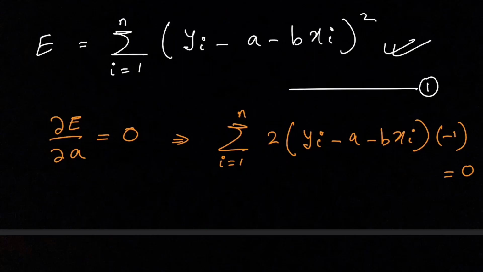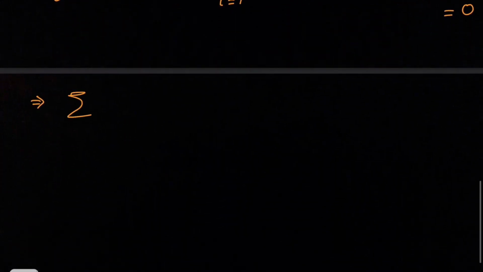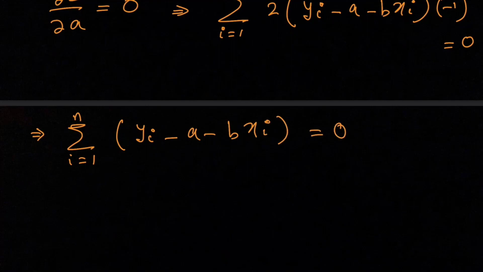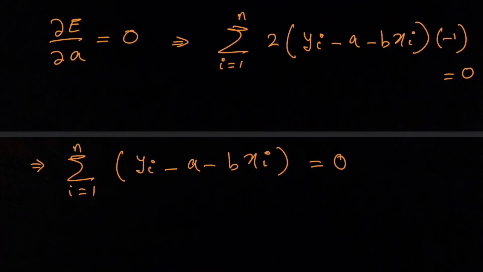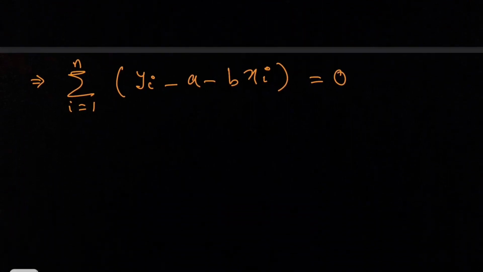From here what do we get? We get summation i is equal to 1 to n, yi minus a minus b xi is equal to 0. Since this 2 and minus 1 will go to the 0 side, they all will get cancelled. So we'll get this one.